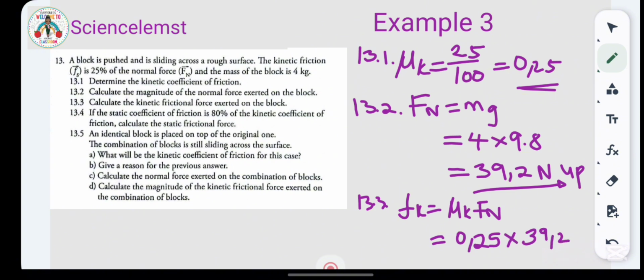The answer is 9.8 Newton. Okay, so I'm not going to include direction because I don't know which side the object was being pulled to. So my answer won't have direction just because of that.